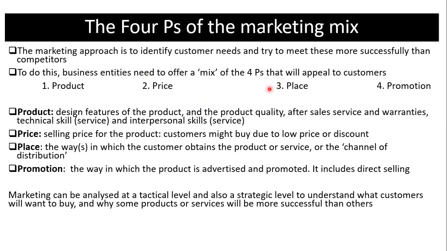They all begin with P, so we call it the 4 Ps. So when you are providing a service or a product to your customers, you need to be able to mix these essentially. You need to be able to mix the product, the price, the place, and then the promotion before it finally gets to your customers. Now, let's take them one after the other.